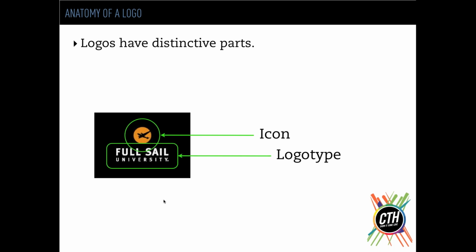So just while we're looking at Full Sail here, anybody know why Full Sail's logo icon is what it is? Nobody? Nobody went on a BTS tour or behind the scenes tour at Full Sail?